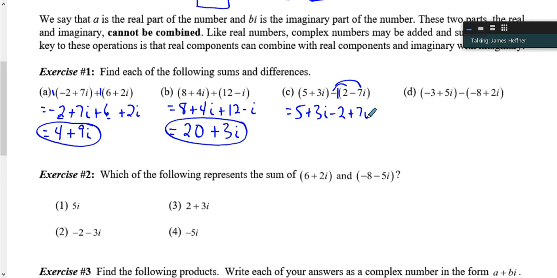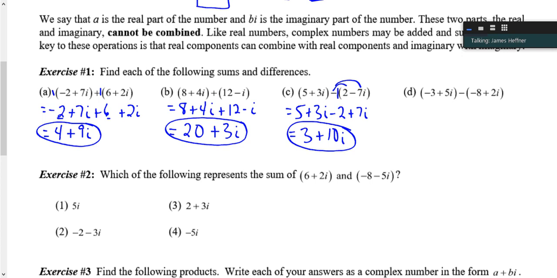Now let's put it in a plus bi form. Take the reals, and we get 3 plus 10i. Everybody go with that?